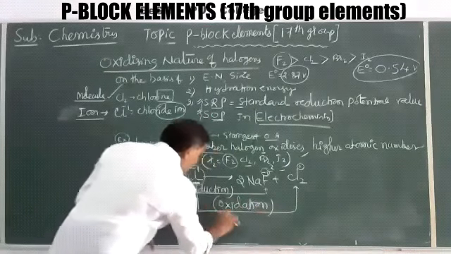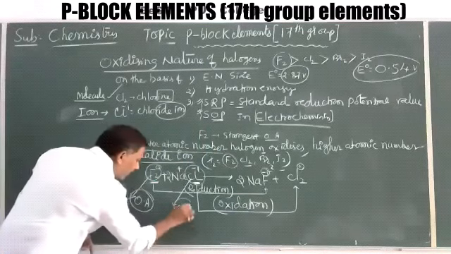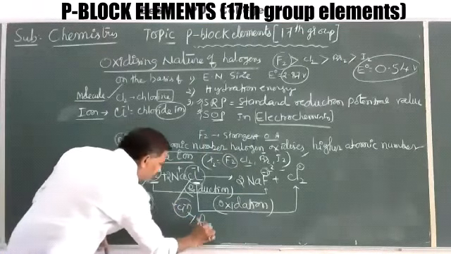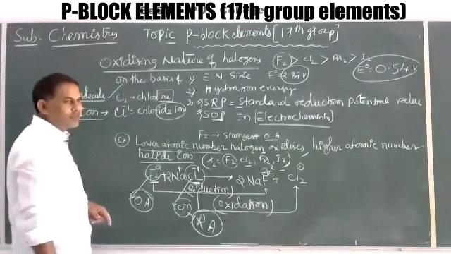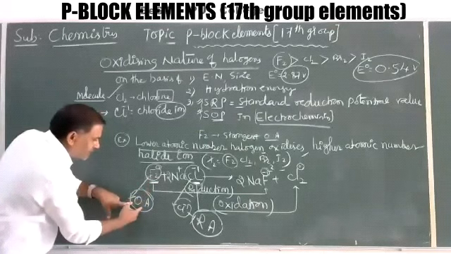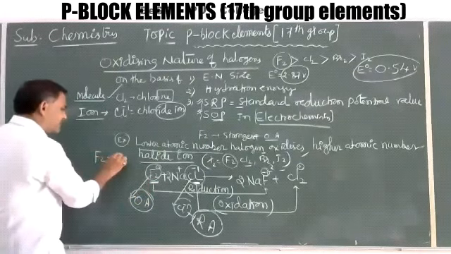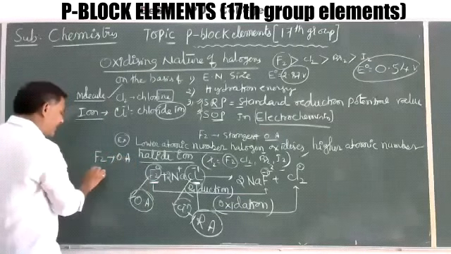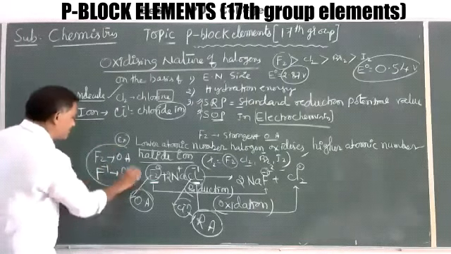In this oxidation process, the participating Cl minus ion acts as a reducing agent. So here the molecule acts as the strongest oxidizing agent. Same, for example, F2 acts as an oxidizing agent, whereas F minus acts as a reducing agent.